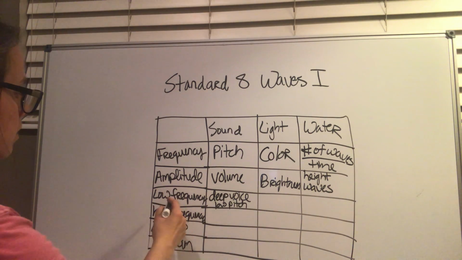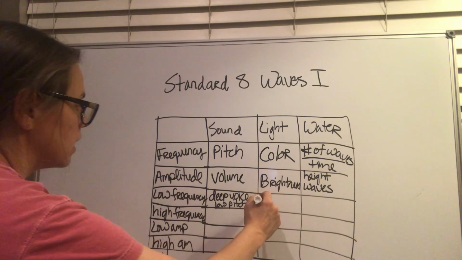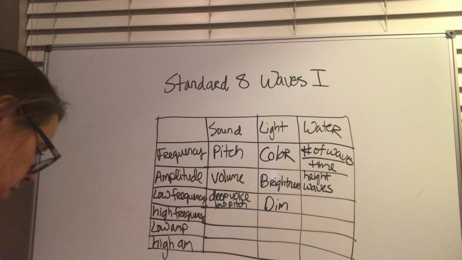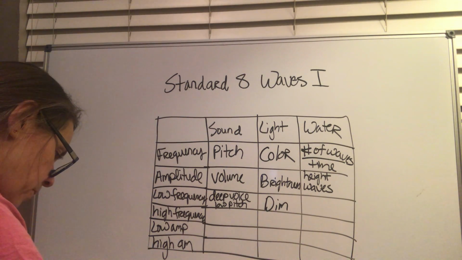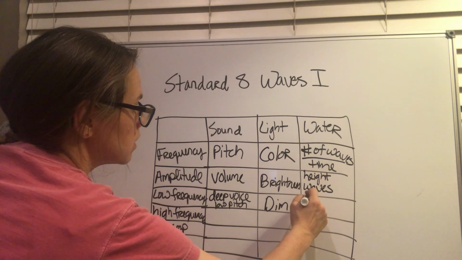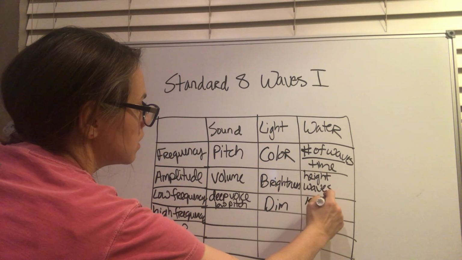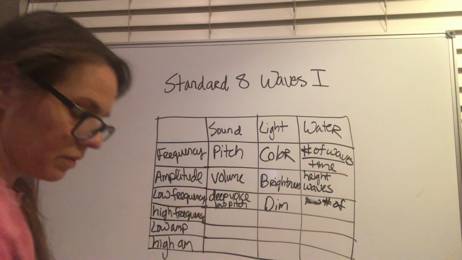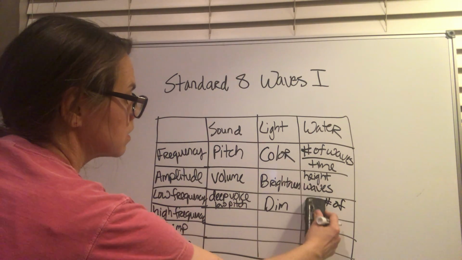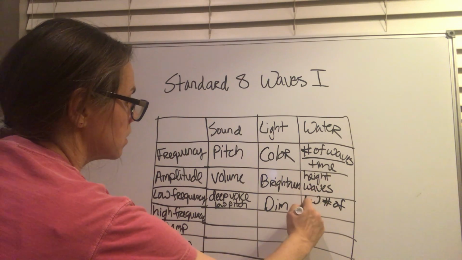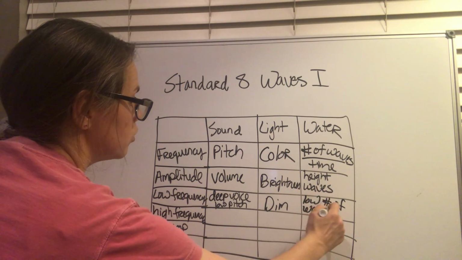Okay, and then low frequency light is dim, a dim light. And low frequency water waves are basically a low number of waves. So that's going to be like smooth waters.